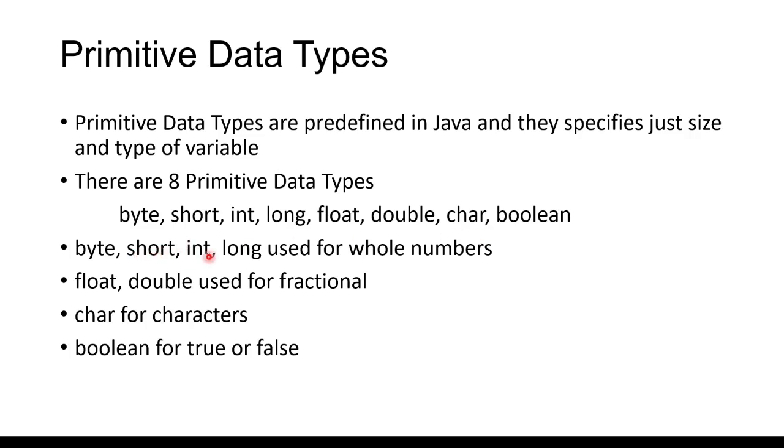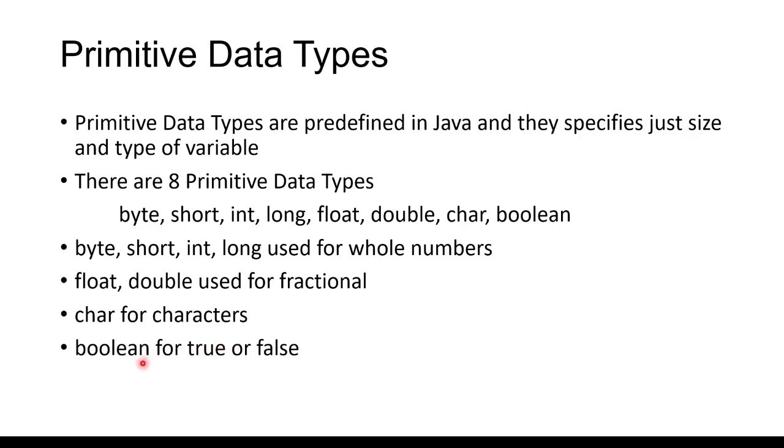Byte, short, int, and long are used to store whole numbers. Float and double are used to store fractional numbers, char is used for characters, and boolean is used for true or false.